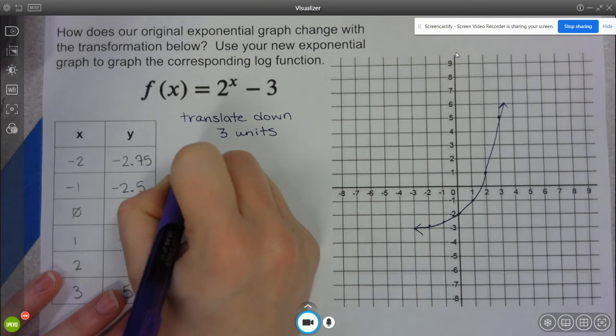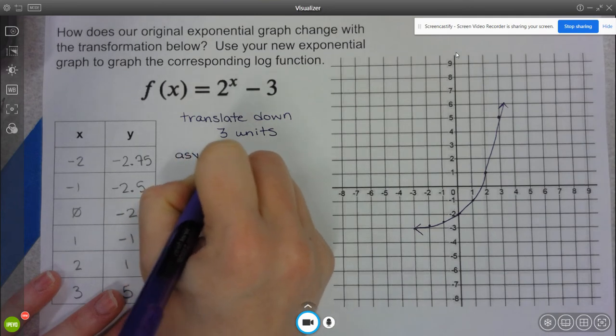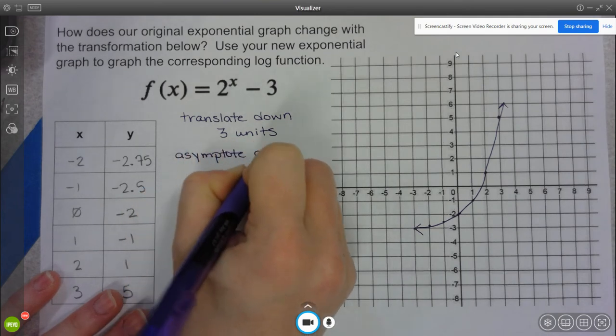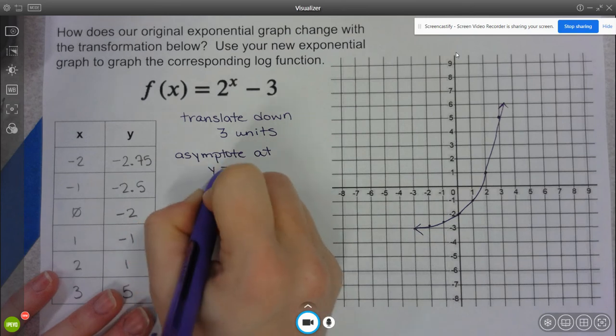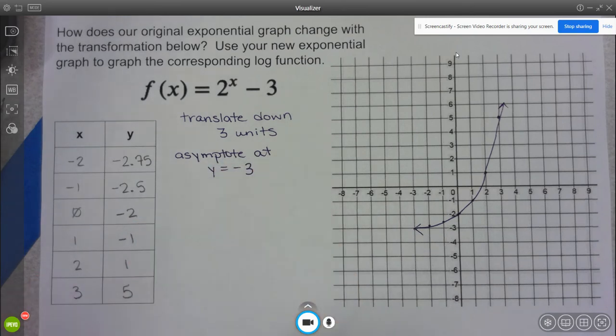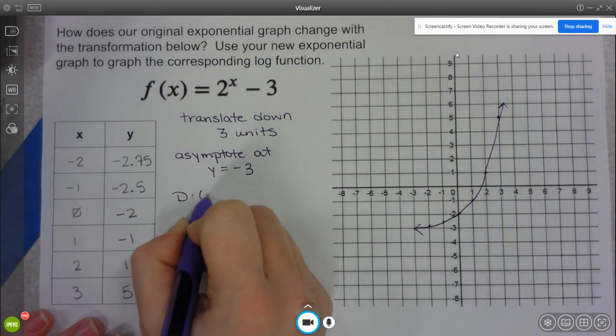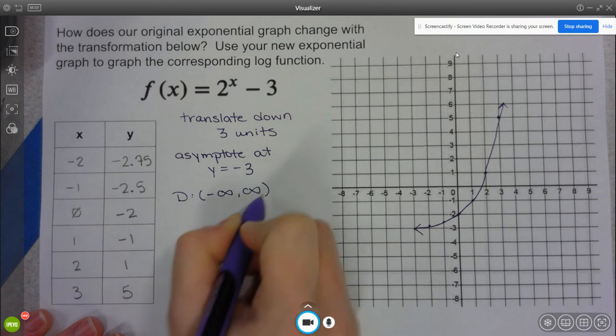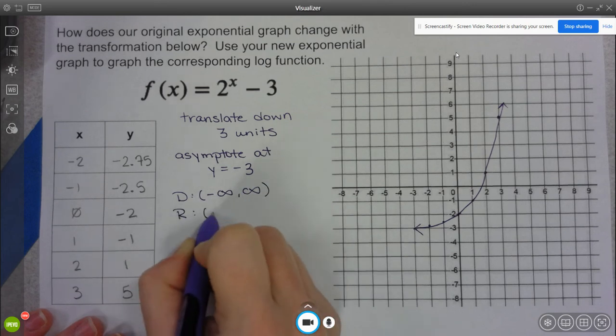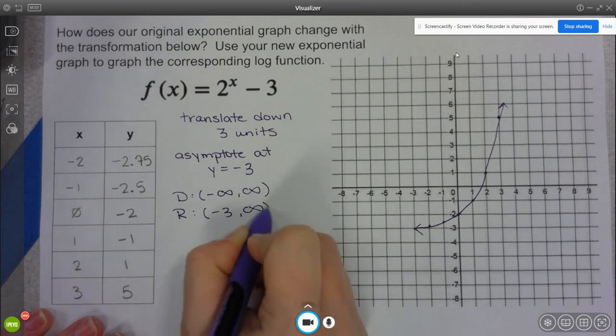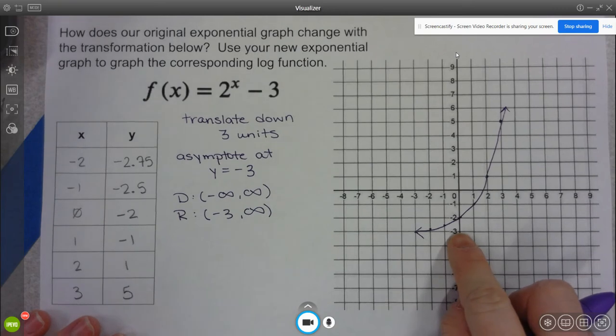Now this is going to change our asymptote. It's no longer at y equals 0. It's at y equals negative 3 because I've shifted the whole thing down. So this won't change our domain, but this is going to change our range because I bumped it down.